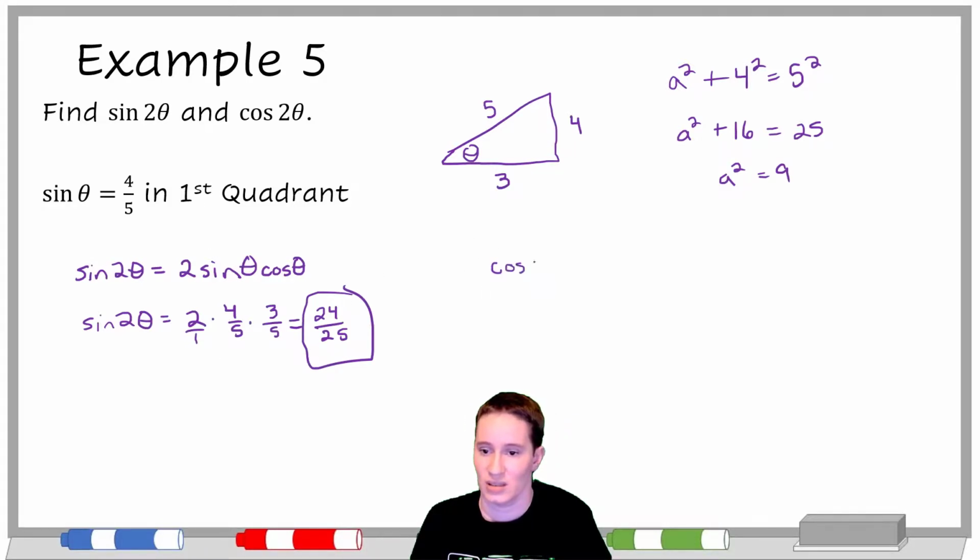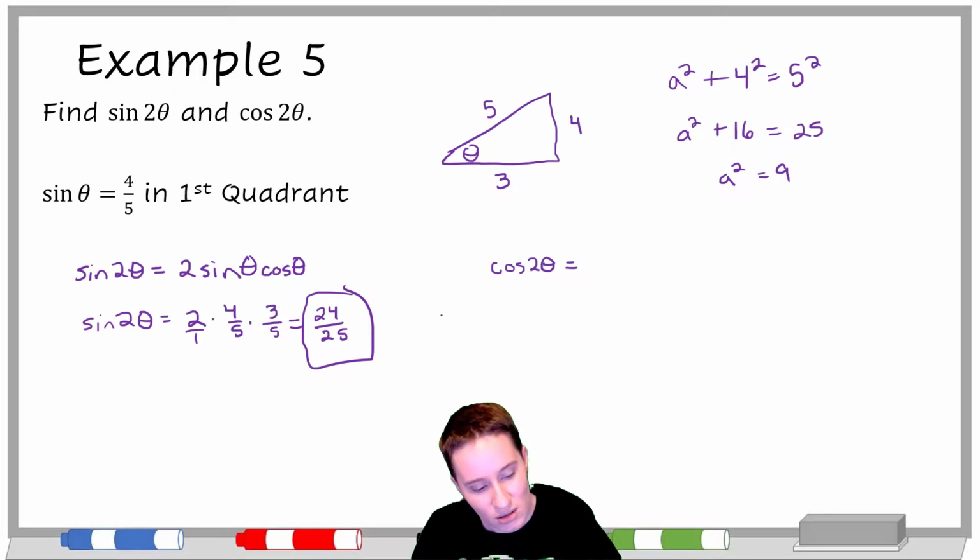For cosine, we have 3 options to pick from. It really doesn't matter which one you pick. They literally will give you the same thing. And if we only had to find cosine, it would be quickest for us to use the one with sine, and then we wouldn't have even had to find the other side of the triangle. So that identity is, let me cheat.